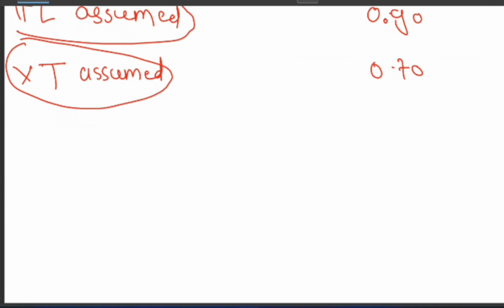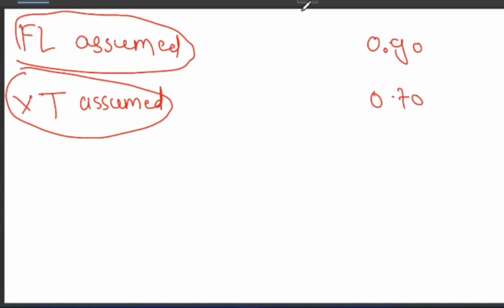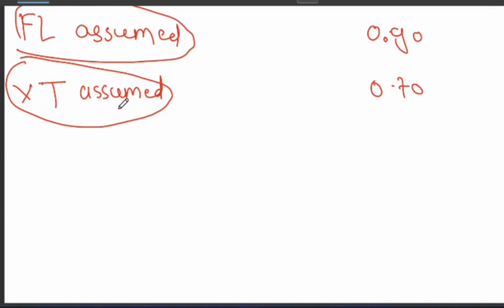We get this data from the manufacturer. For actual procurement, we replace assumed values with the vendor's certified coefficients. For now we don't have any vendor data, so I have assumed this. But ultimately, FL and XT come from the manufacturer, so we are not responsible for designing that.